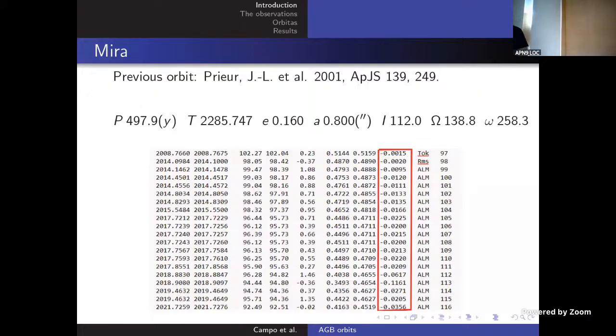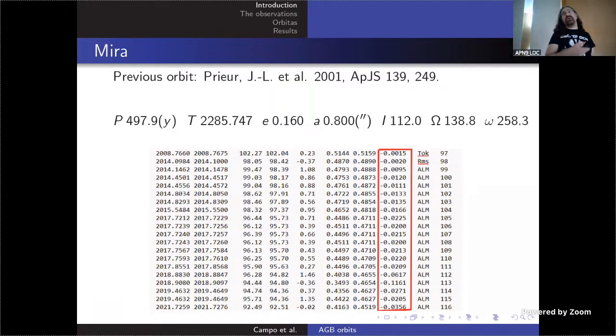So for Mira, we have a previous orbit, a somewhat old orbit from 2001, with a period of almost 500 years. If we see this table, I hope it's not too many numbers, we can see in the first two columns the epoch of the observation in Julian years.